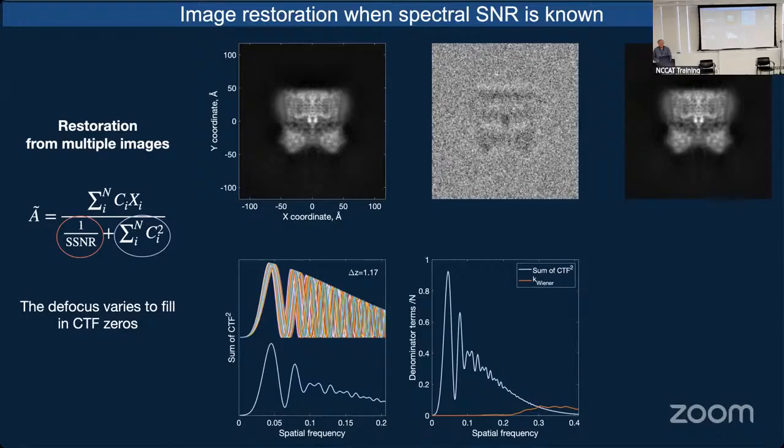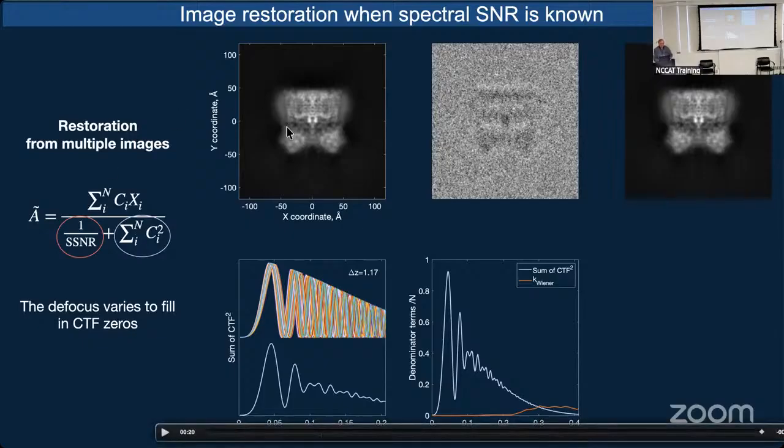How do I determine the SSNR? Oh, yeah. Okay, so this is very easy in this case because I know I have this starting image model, and I just take the square of its Fourier transform, and then average it radially.